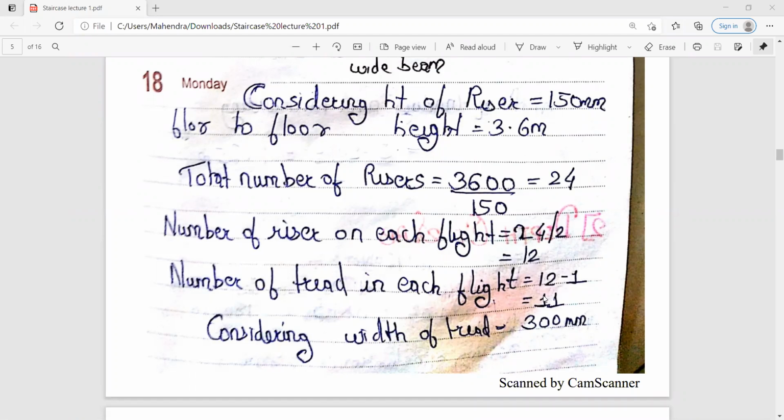Then after getting the number of risers and number of tread, you need to consider the width of tread. So width of tread, you are going to assume it again as 300 mm.